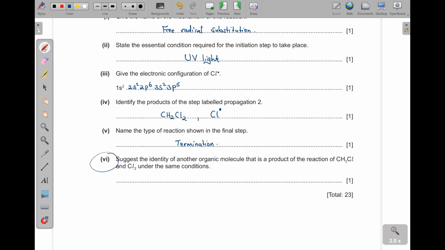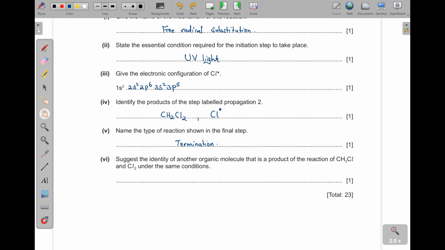And then 6 here, suggest the identity of another organic molecule that is a product of the reaction of this and chlorine under the same conditions. Okay. Suggest the identity of another organic molecule that is a product. So we have many products, by the way.